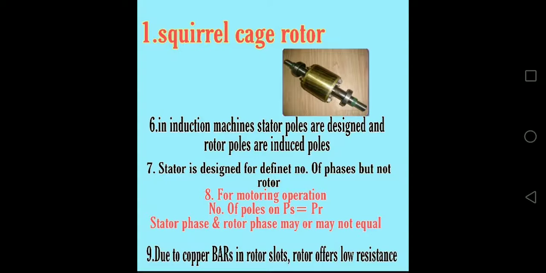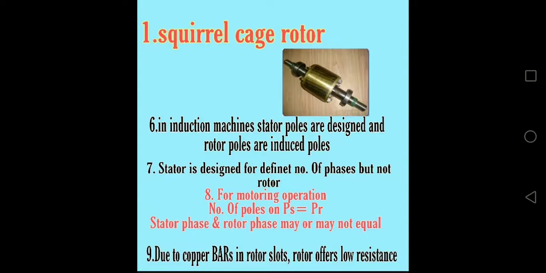So if the 3-phase supply is given to the stator, the same 3-phase supply will not project on the rotor, but the number of phases on the rotor is given by the number of rotor copper bars under one stator slot. That is the rotor phases.